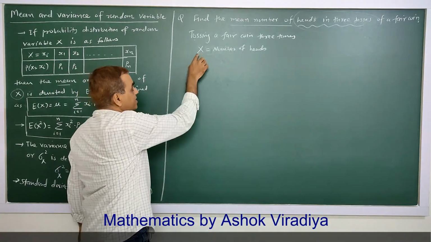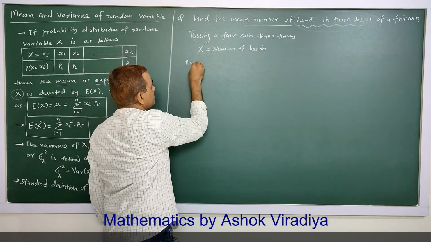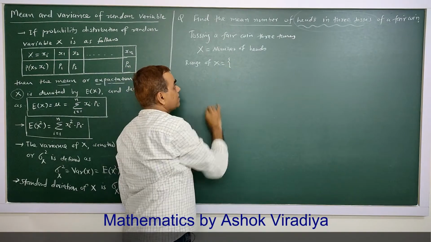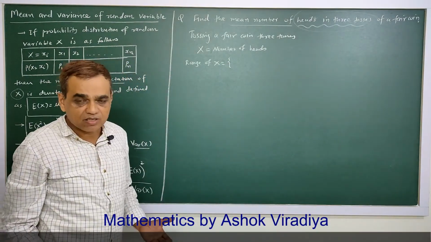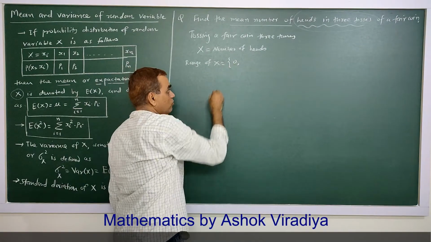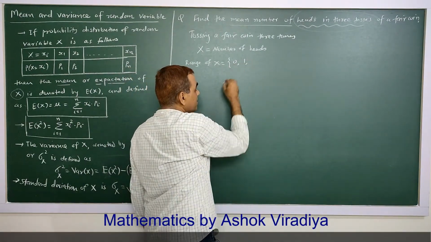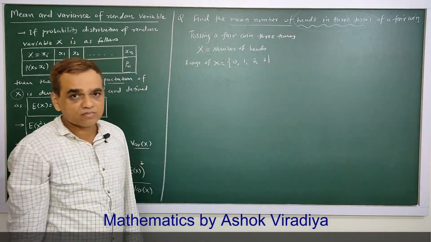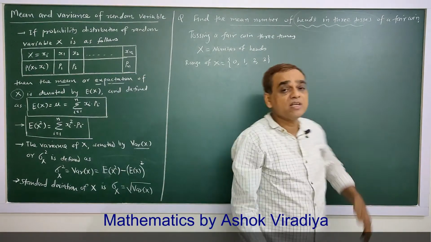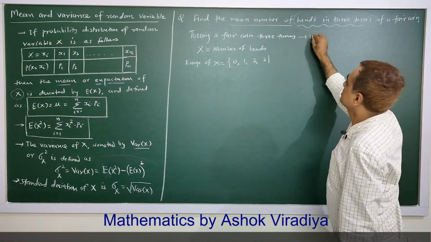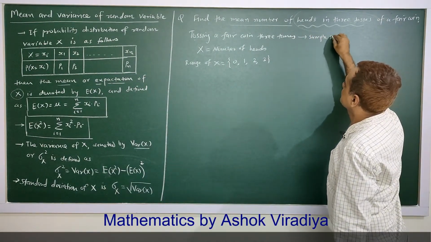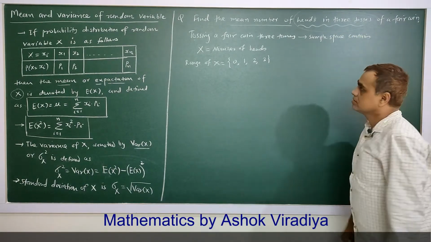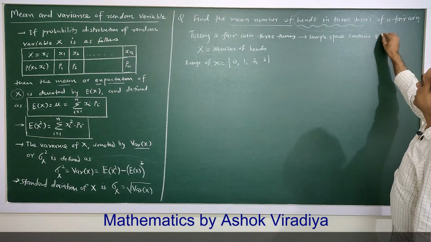So say here, x takes values, range of x. When a coin is tossed 3 times, number of heads can be 0, 1, 2, or 3. And tossing a fair coin 3 times, the sample space contains 8 outcomes, 8 elements.